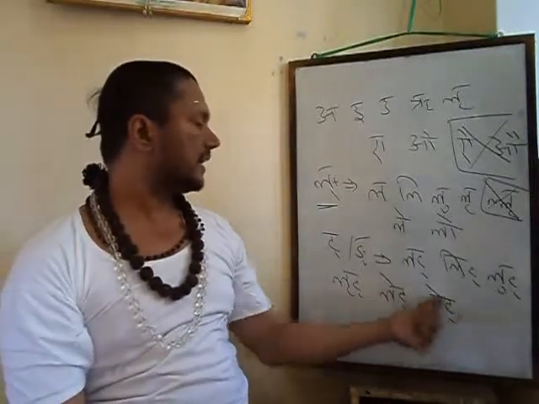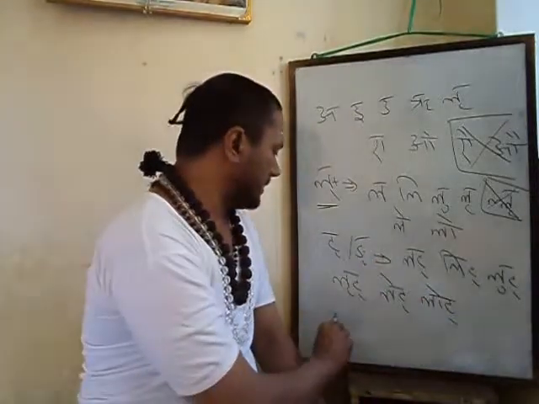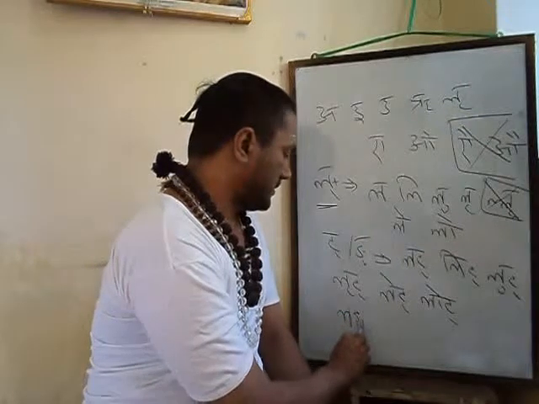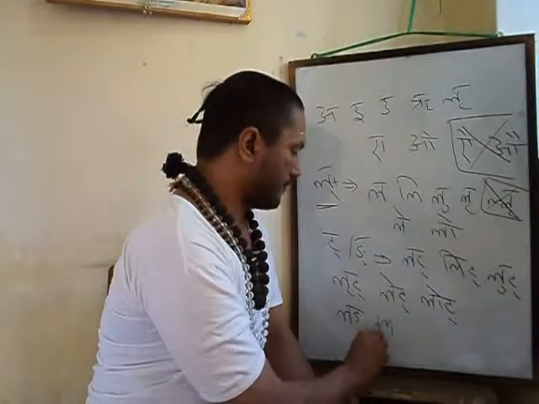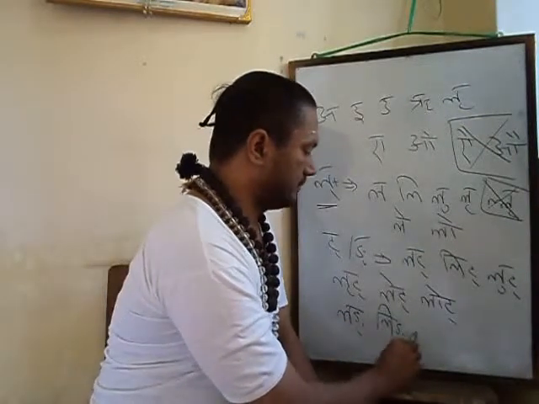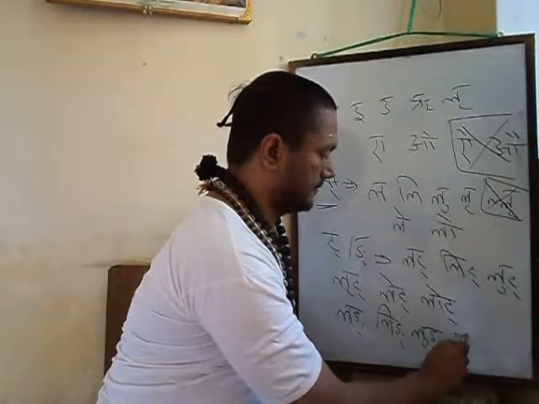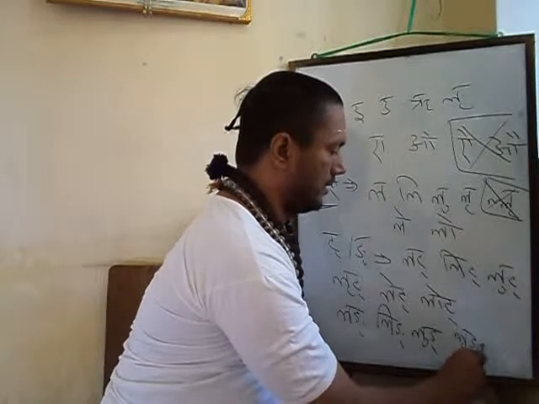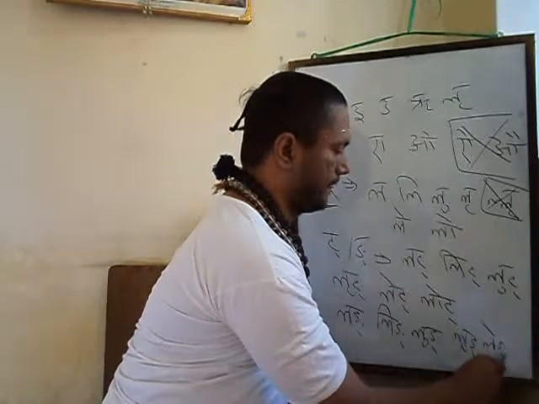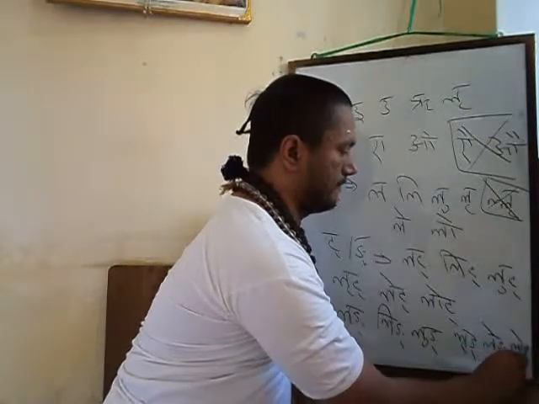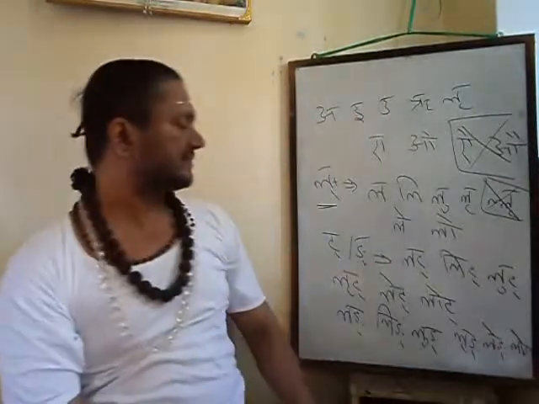When I add Takara, I get this. When I add Nakara, I have Lung, Ling, Lung, Ring, Ling, Long.